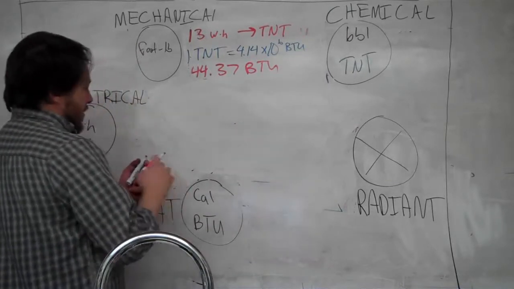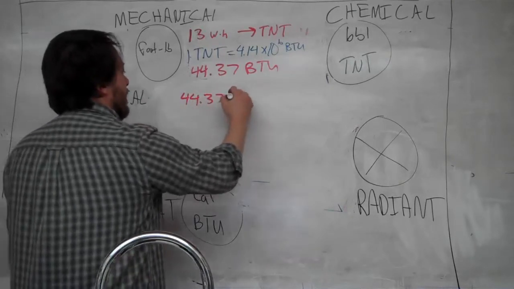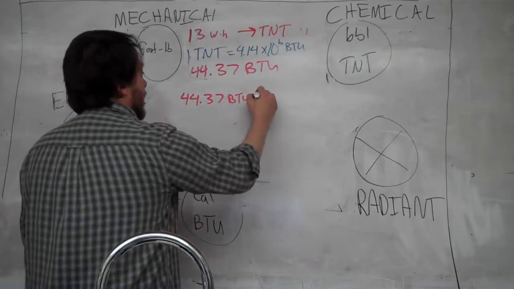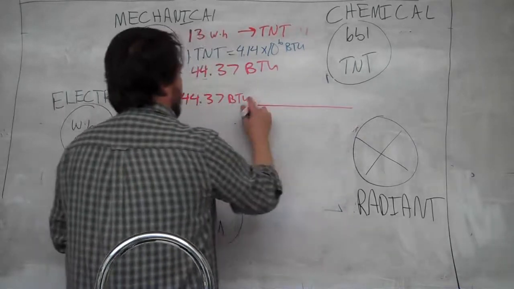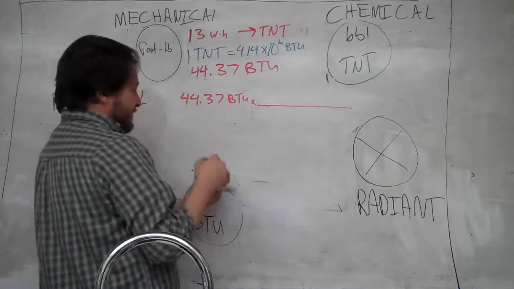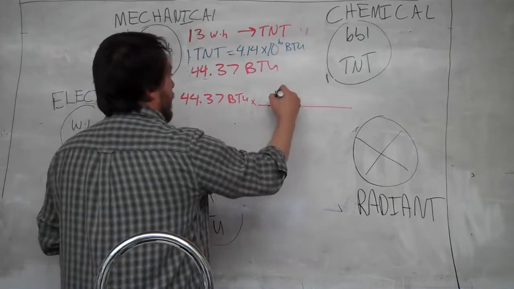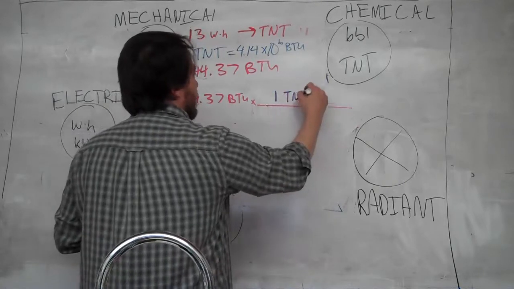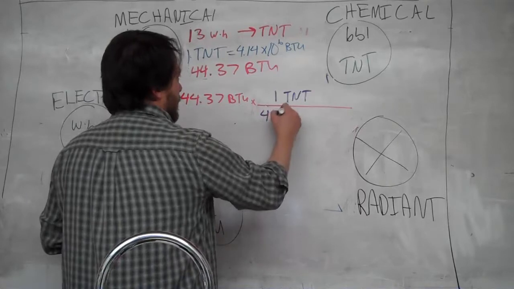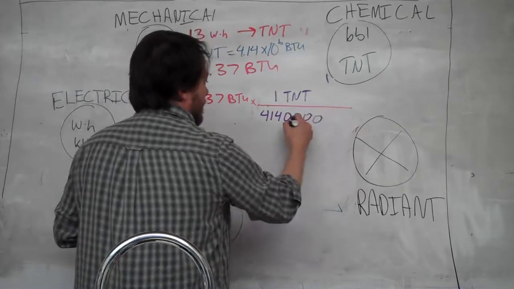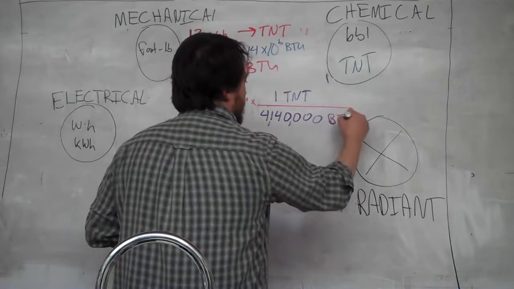And so with 44.37 BTU, the way I would do this is it's a division really. So what you're really doing is you multiply it times 1 TNT over 4,140,000 BTU.